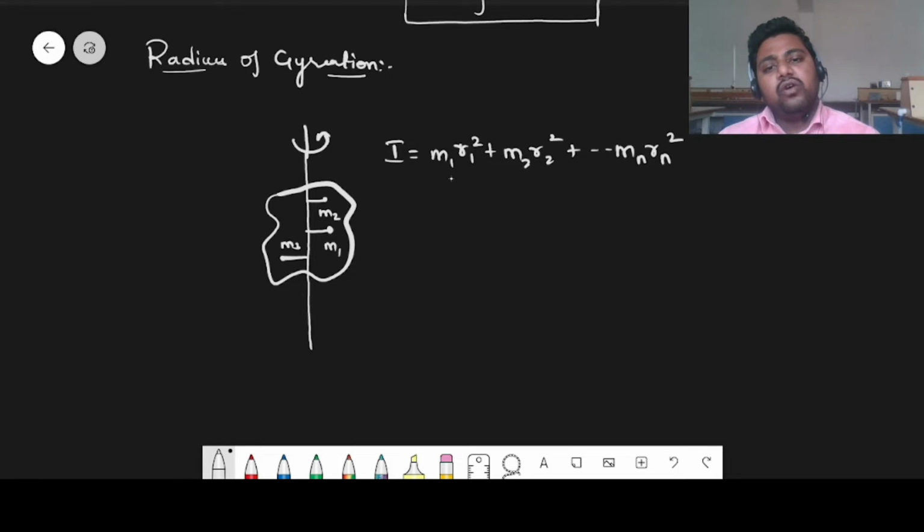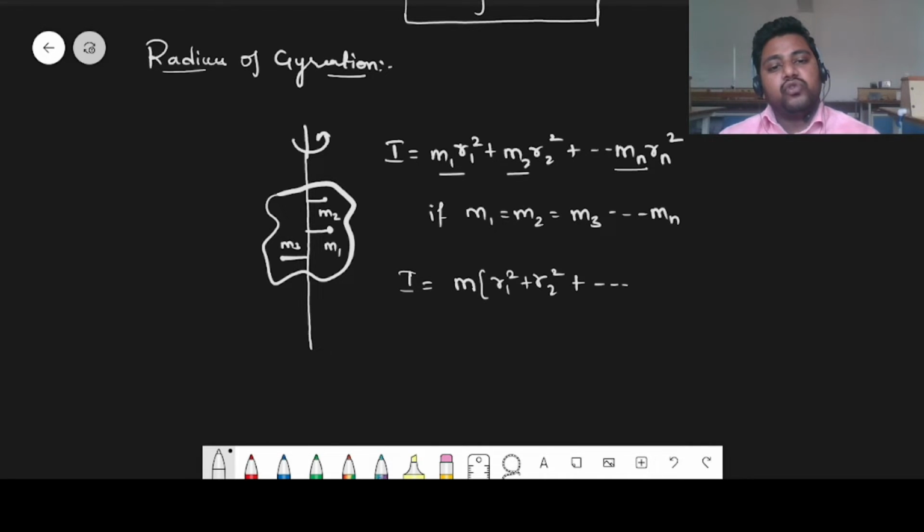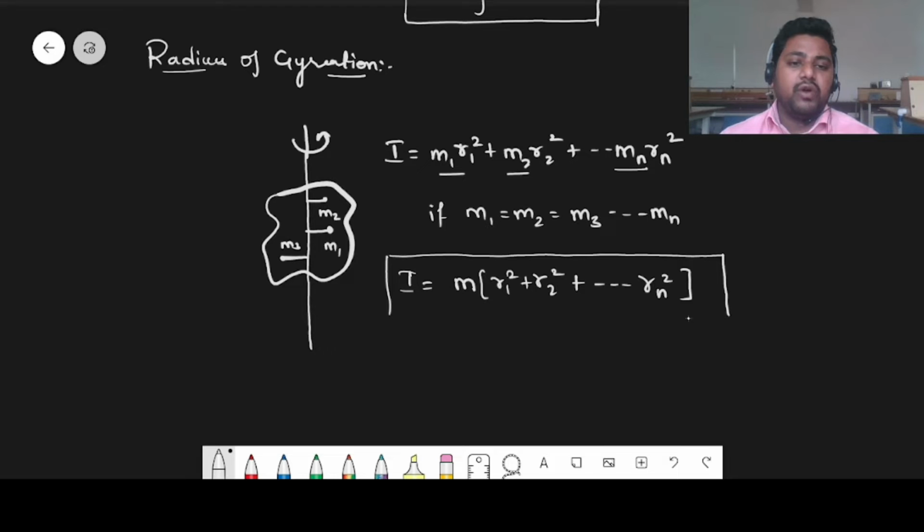If all the particles have the same mass, if m1 is equal to m2 is equal to m3 up to mn, then you can write moment of inertia I as m into r1 square plus r2 square plus, and so on, up to rn square. So this is the general formula of moment of inertia for that particular body.